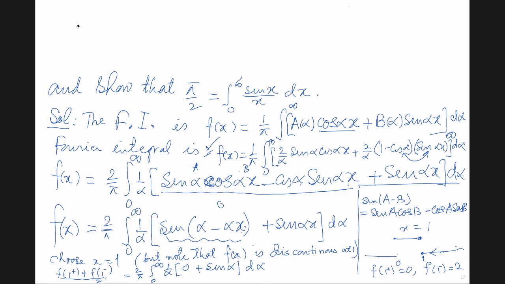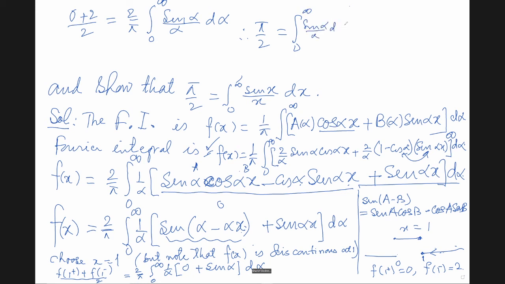So what will happen? 0 plus 2, all are 2. What happens? Are you understanding?